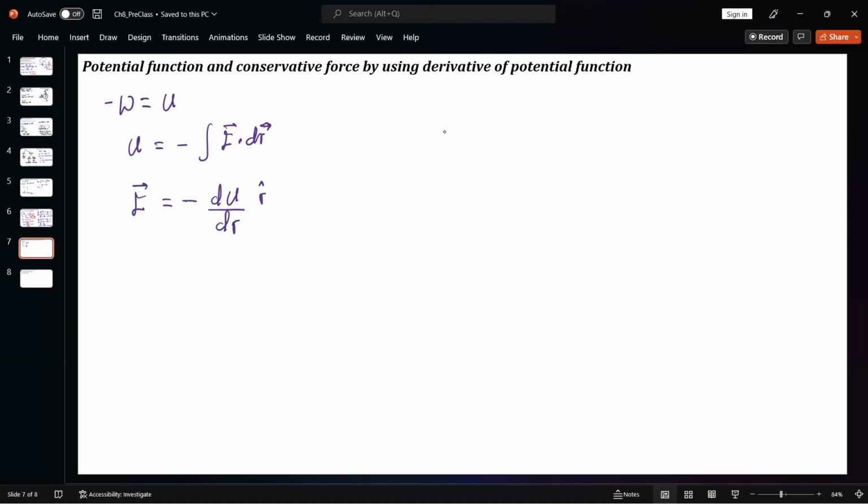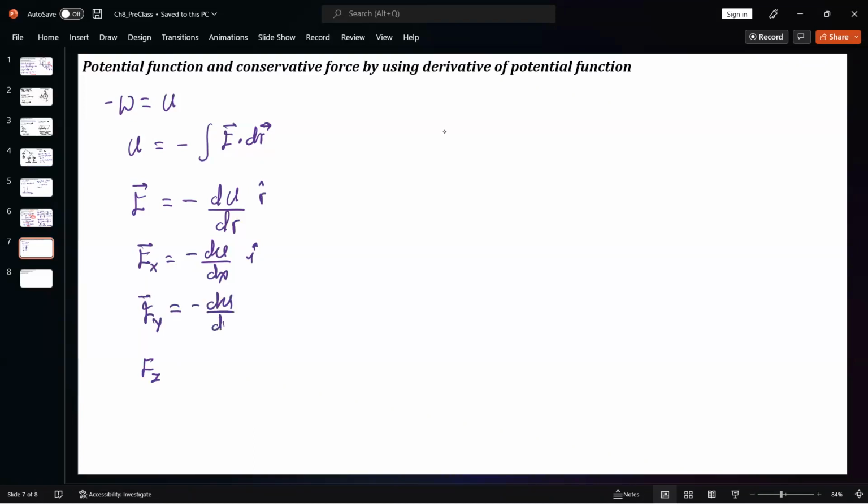Now this r can be anything, which means I can do this at any given time: x-axis direction, negative du over dx, i hat, or I can do the y-axis direction, negative du over dy, j hat, or the z-axis direction, negative du over dz, k hat, right? All of these together, I can rewrite mathematically very easily into a more compact system.